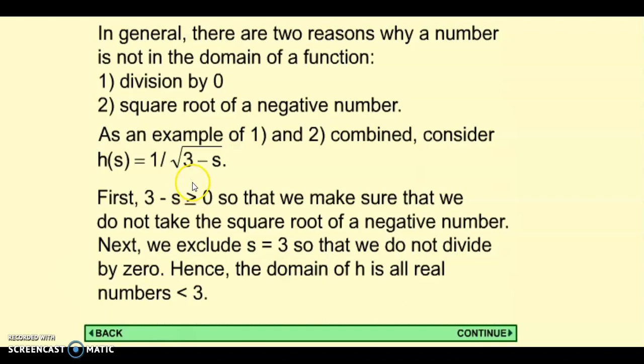You can't take the value as 3, because if you are taking s as 3, your denominator will be 0. So 1 divided by 0, your function is not satisfying it. And you can't take values greater than 3, because you'll be getting a negative sign under the root.